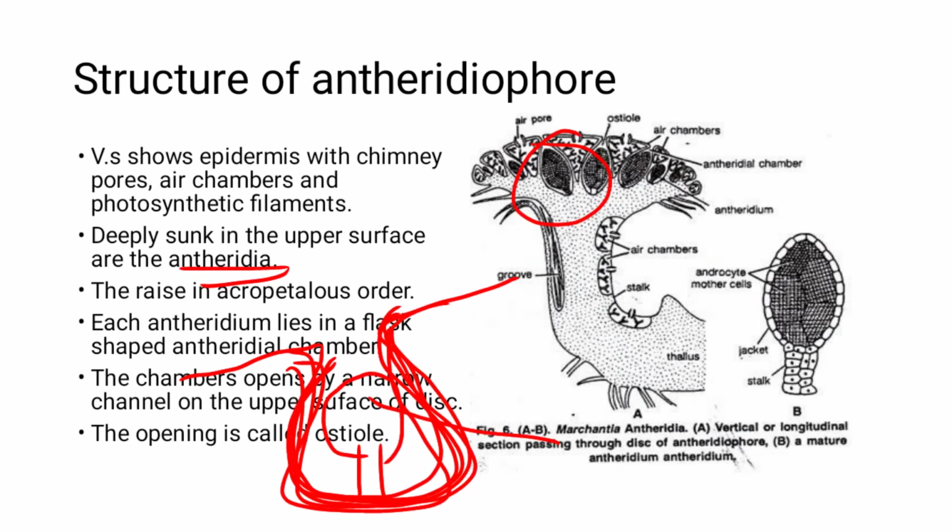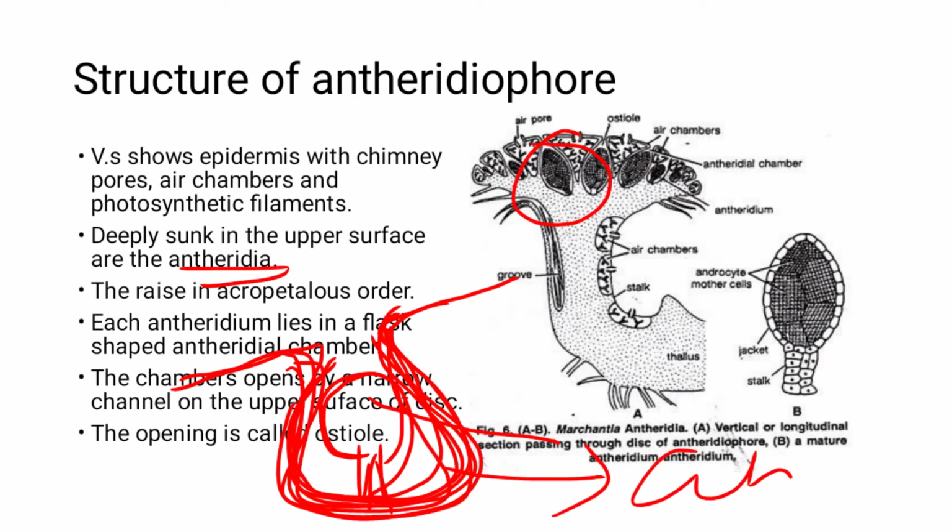You can find this here. So the epidermis is not straight, it is folded inwards to form a deeply sunken region. On the basal surface of the deeply sunken region, they develop a globular stalked structure which is called the antheridium. Since this epidermal region is folded and the antheridium is developed in it, this sunken region is now called the antheridial chamber.